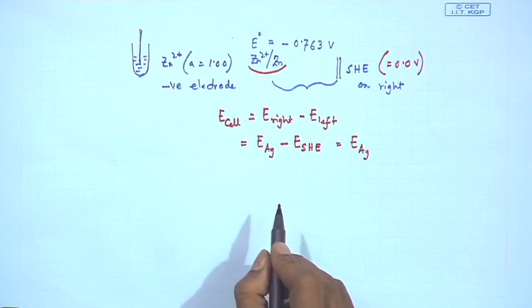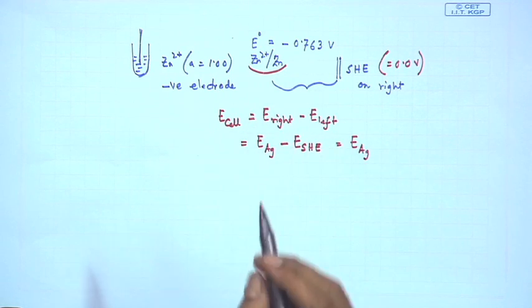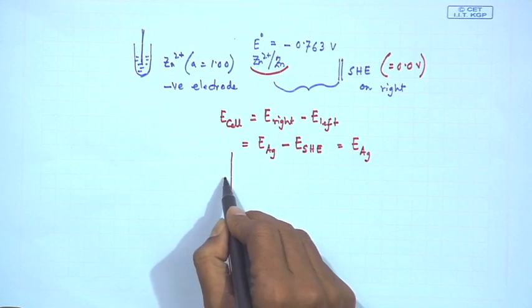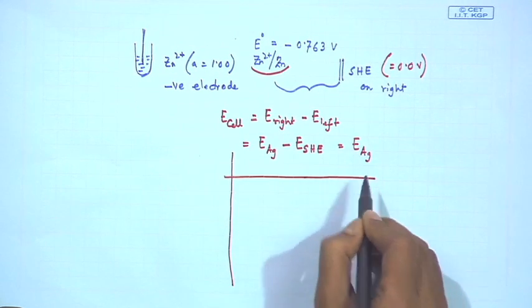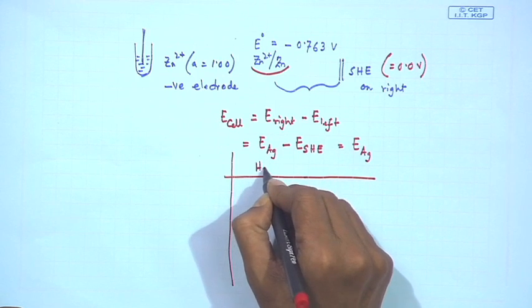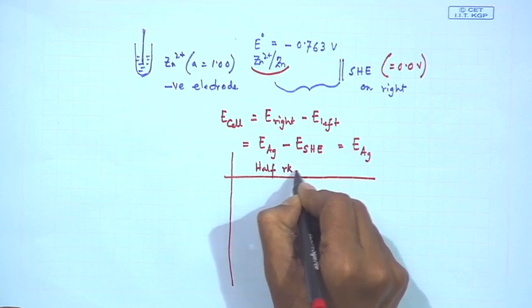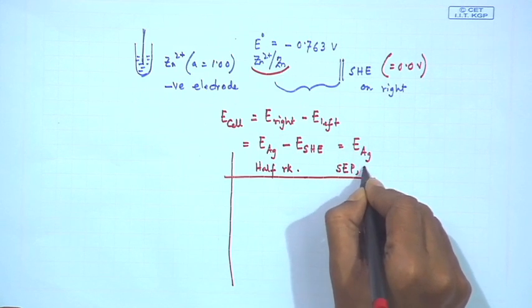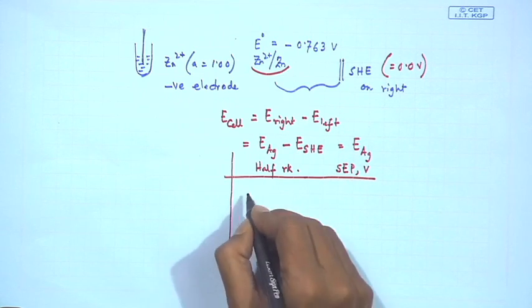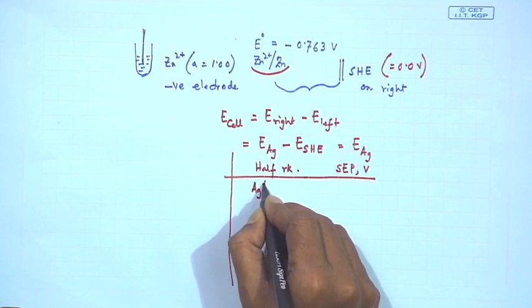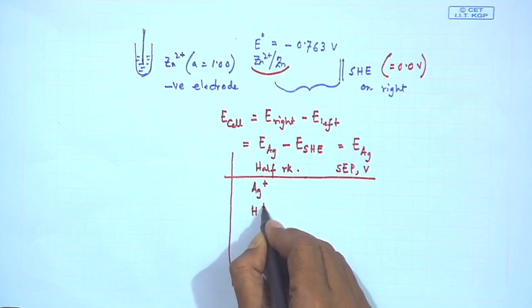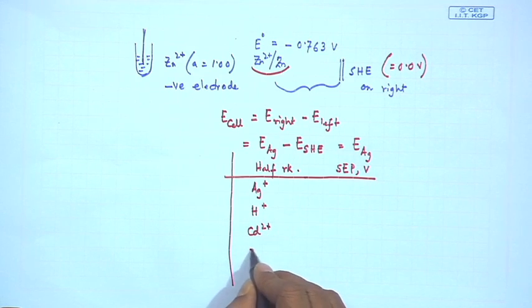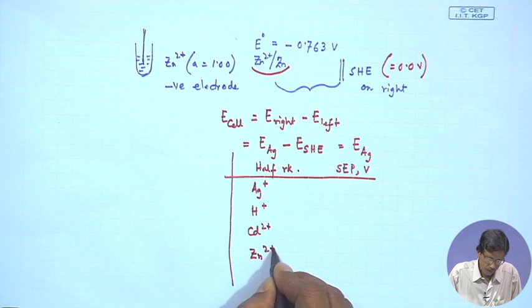So, that way we can generate all these things, and now as we have seen the corresponding qualitative picture, we can have the corresponding half reactions and the standard electrode potential in volt, so that we can arrange all of them: the silver ion, the hydrogen ion, the cadmium 2 ion and zinc 2 plus ion.